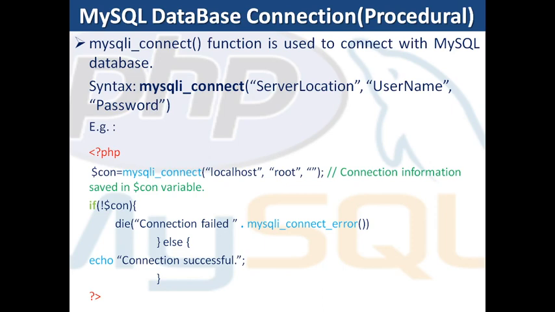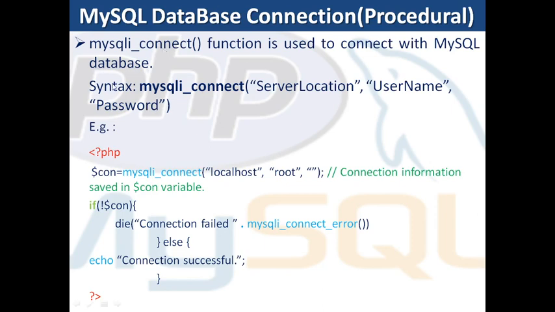First we will see how to connect with the MySQL database using the procedural method, and then using the object-oriented approach. In MySQLi, the mysqli_connect function is used to connect with the MySQL database.